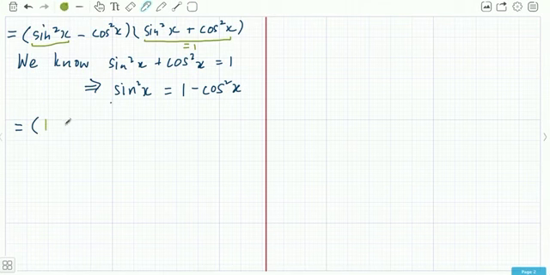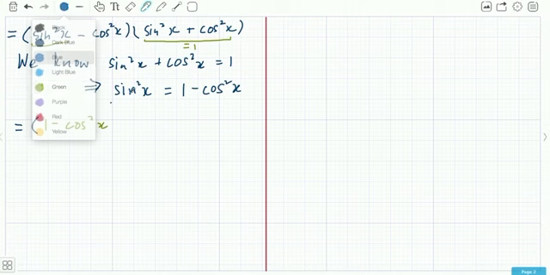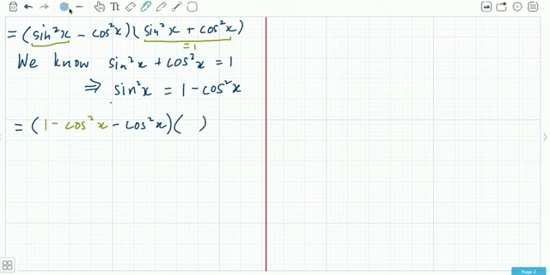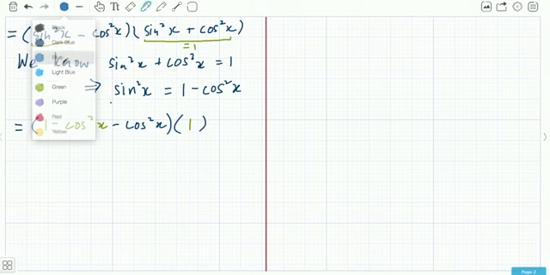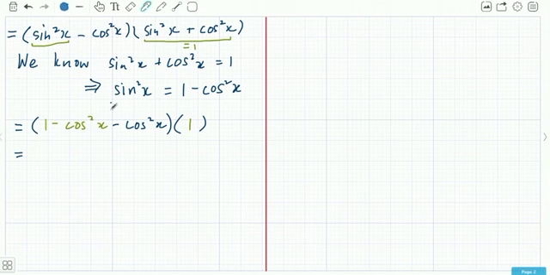So this is the underlined part. I've replaced that. The other part's still there. And then in the bracket, I'm replacing all of that with 1. Now because 1 multiplying anything is just itself, we've now got 1 minus 2 cos squared x.